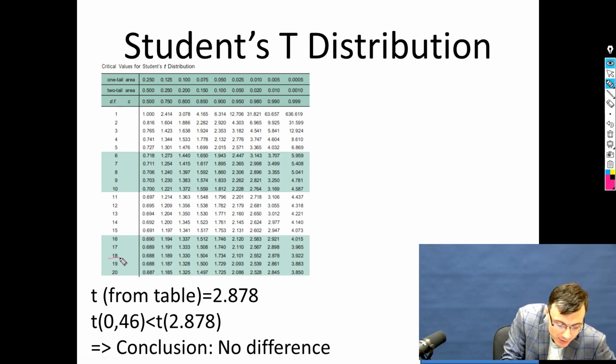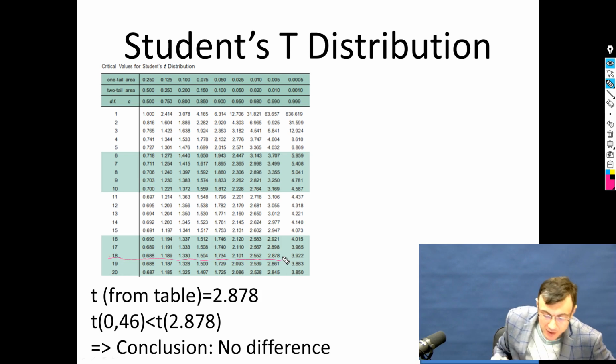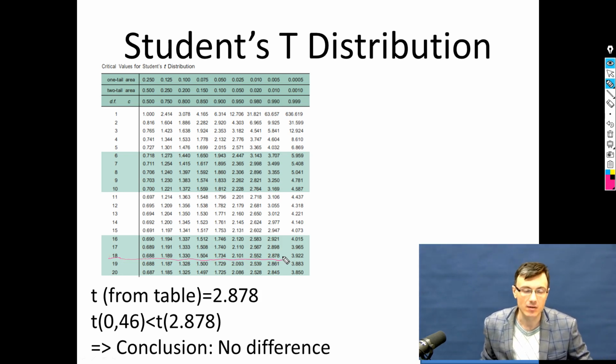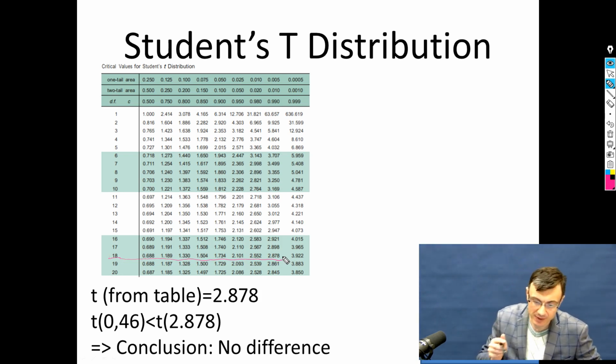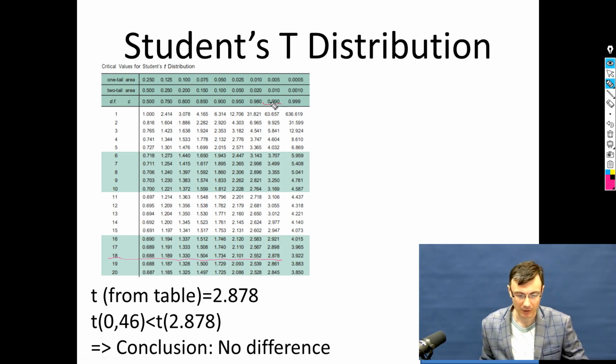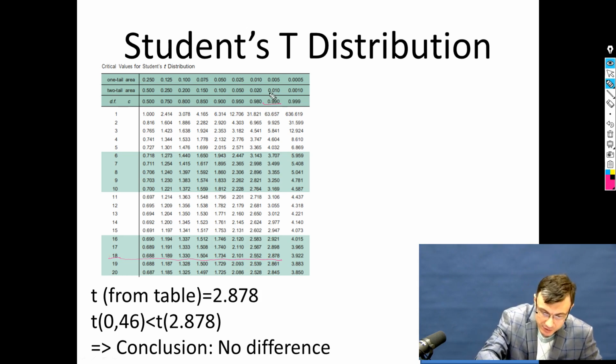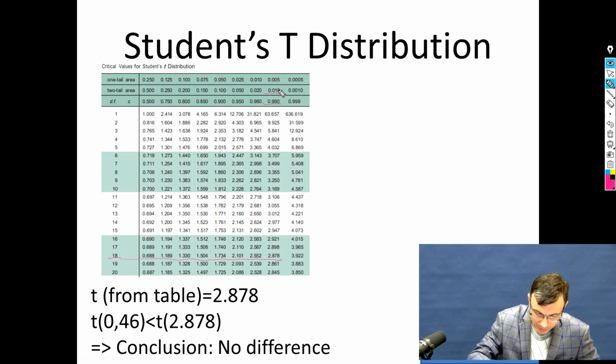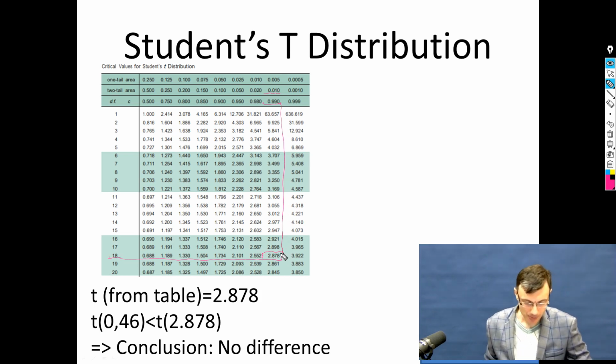So we have this, and we go across to our alpha, the level of significance. At the intersection we get this value and we place it here.